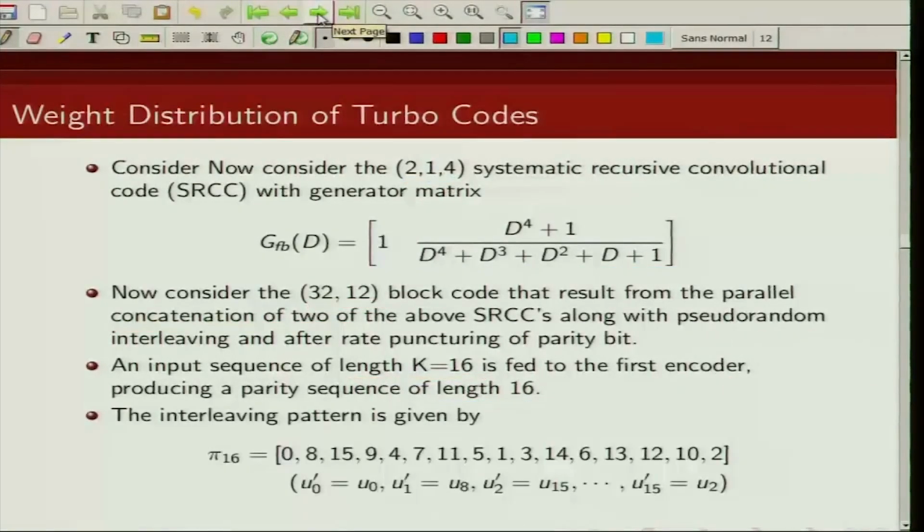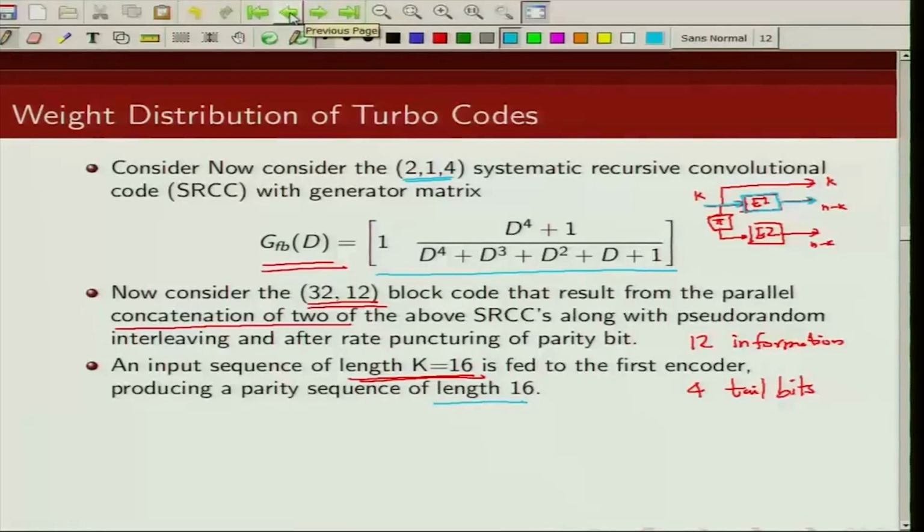Next, this information sequence is interleaved and fed to the second encoder. So what the second encoder gets is an interleaved version, which is nothing but a permuted version of this information sequence. This is a length 16 sequence that comes here, and this also generates a parity sequence of length 16.